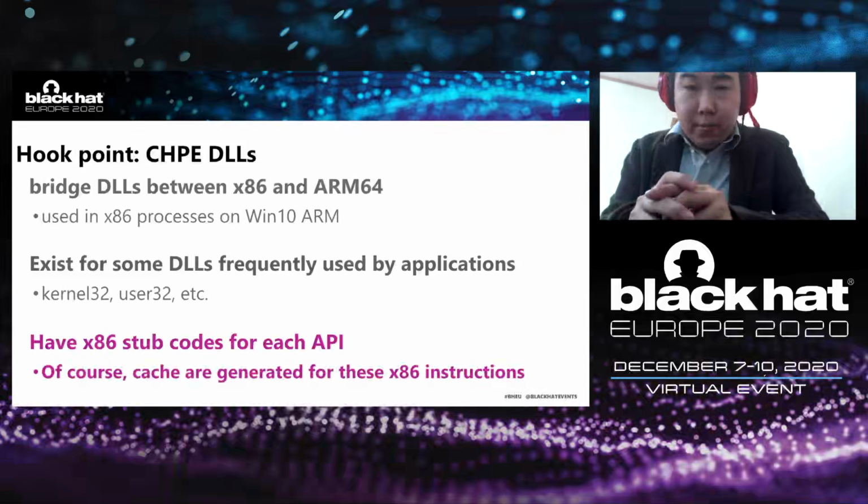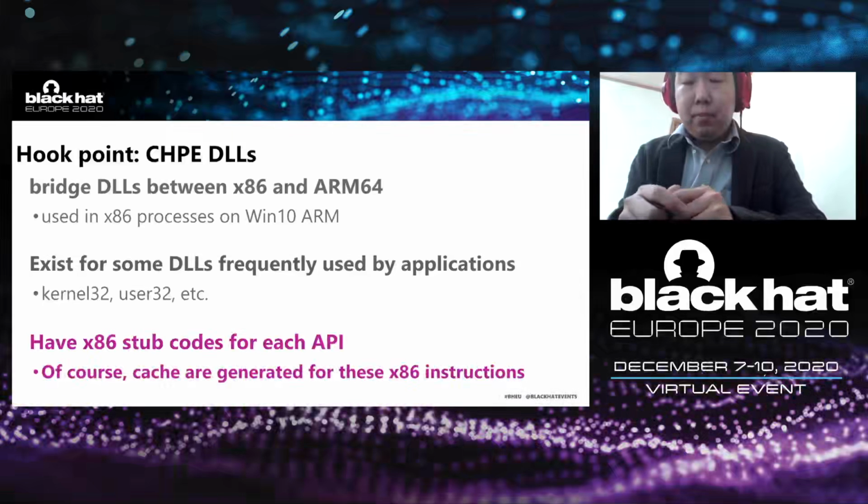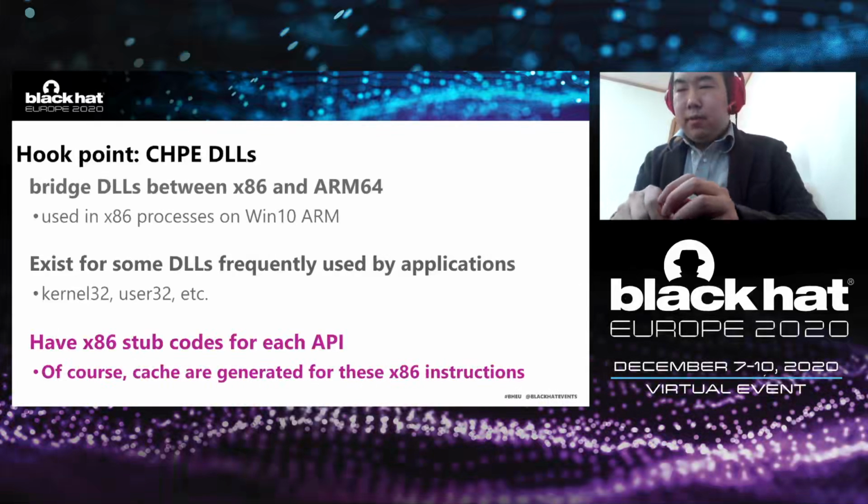And this is most important: they have x86 stub calls for each API. Of course, cache is generated for these APIs. So we can apply the technique to these DLLs and use them as hook points.